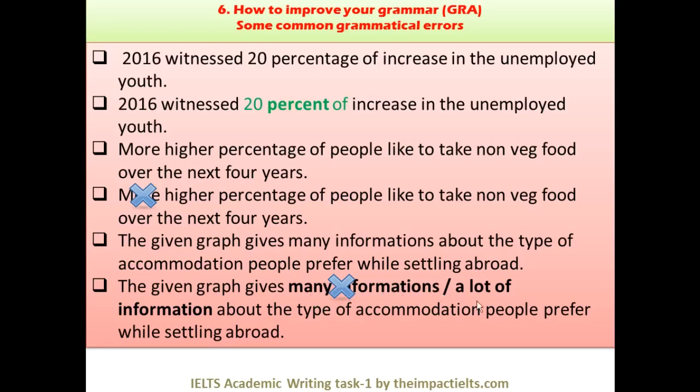We can use a lot of information, which can be used before both countable and uncountable nouns, or we can use much information, or many pieces of information, but you cannot say many information.